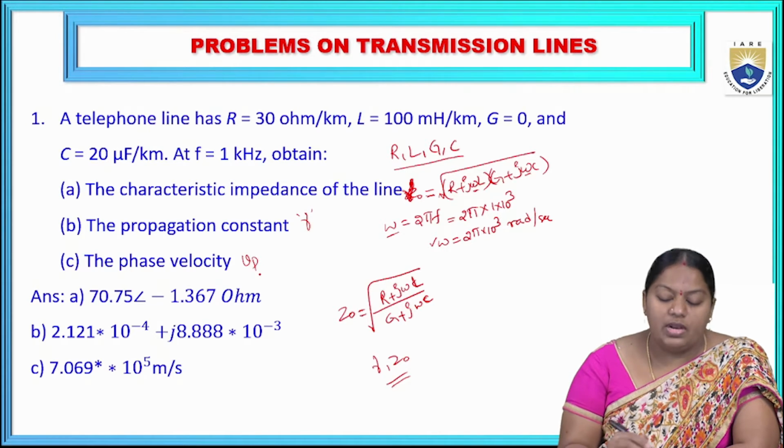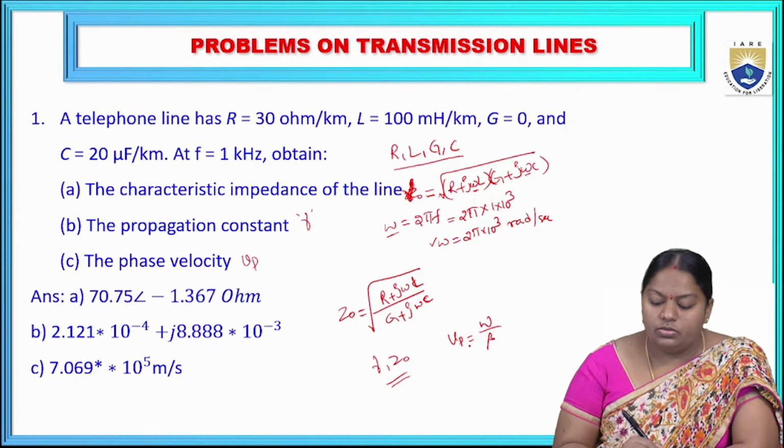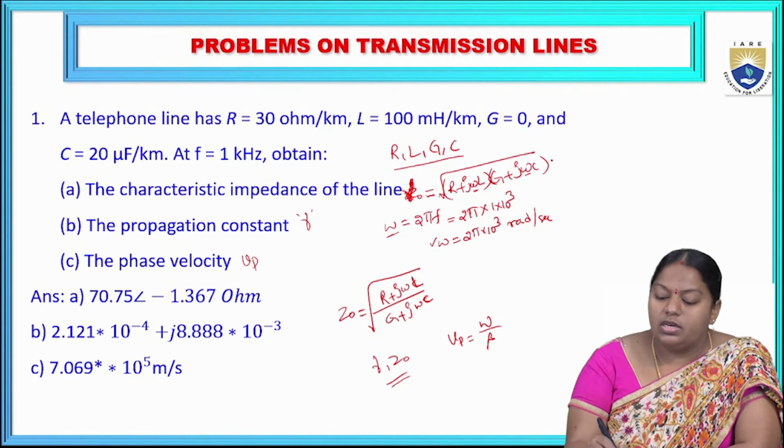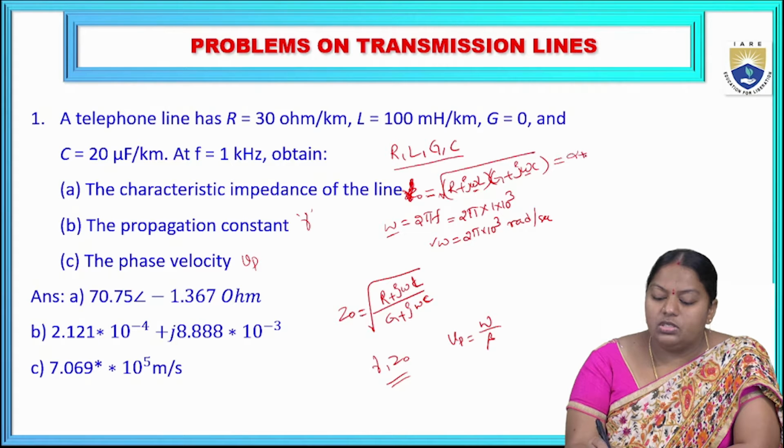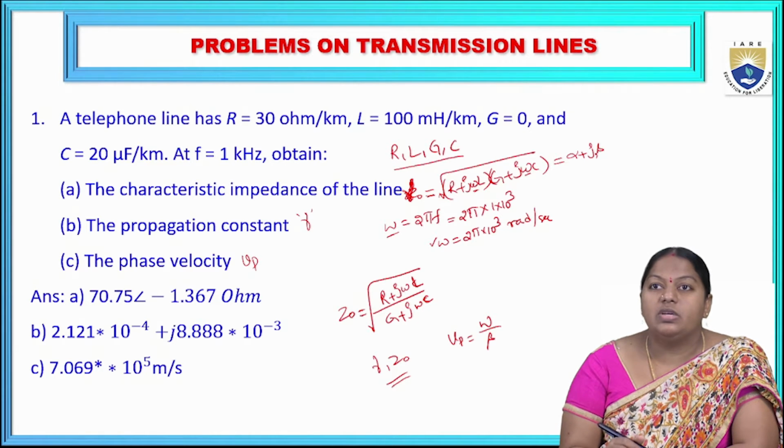And we know that the phase velocity, denoted here by Vp, is the ratio of omega to beta. Velocity equals omega by beta, and the propagation constant constitutes the attenuation constant alpha and the phase constant beta.